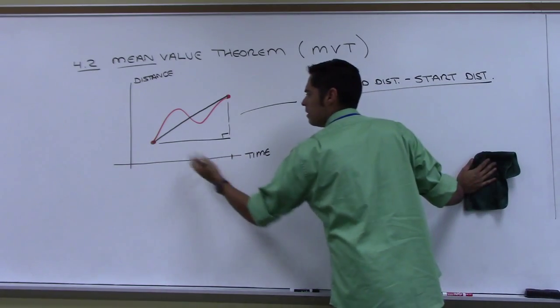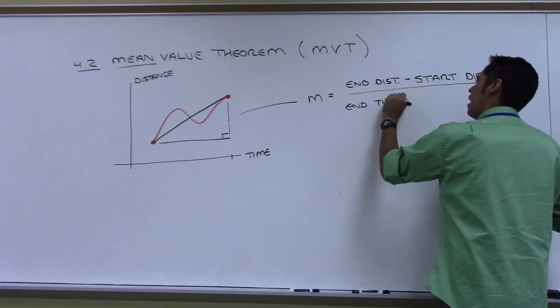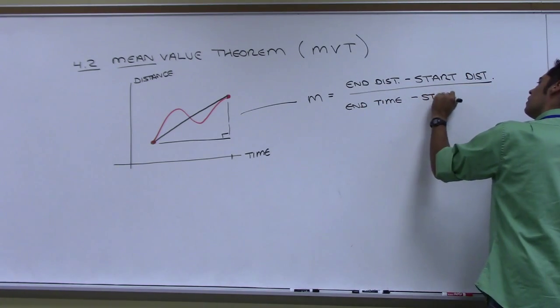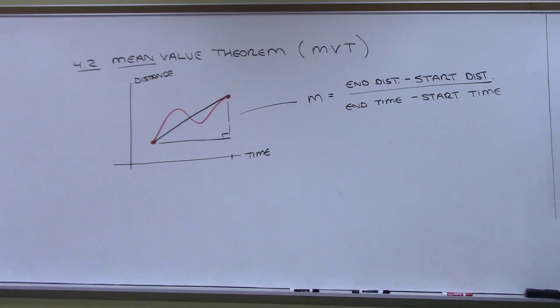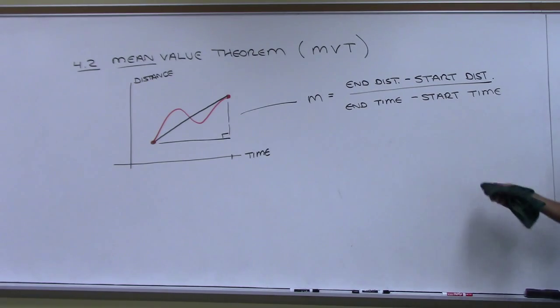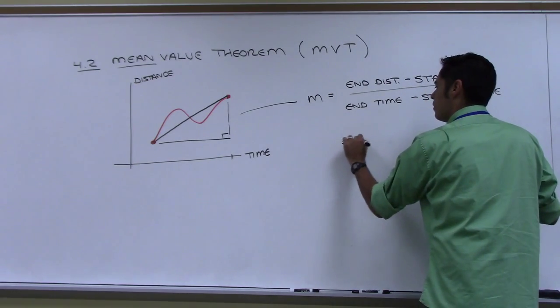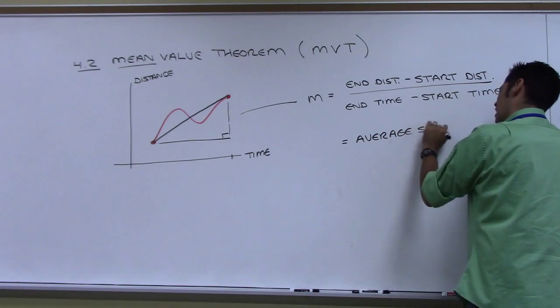The run would be from here to here, which would be your end time minus your start time. But it's distance over time, right? So this is speed. This gives us the average speed, doesn't it?